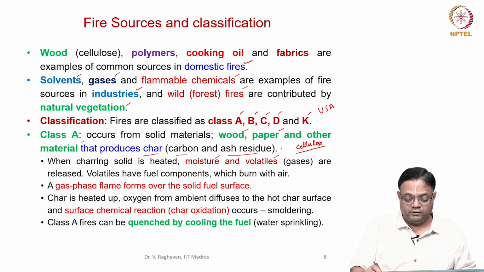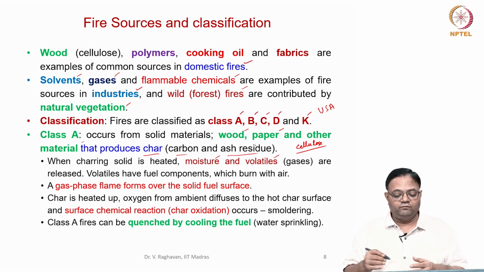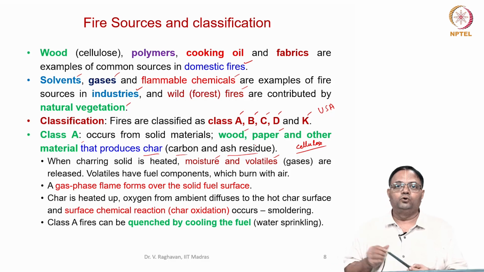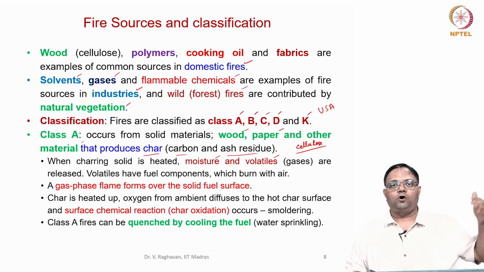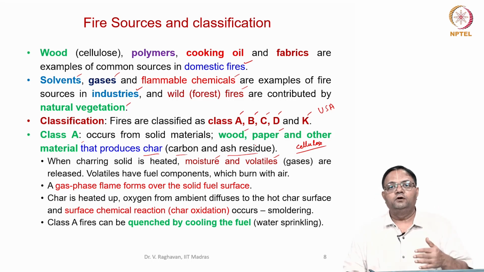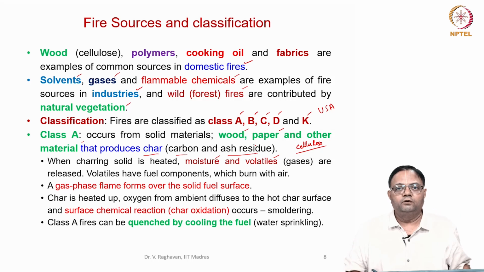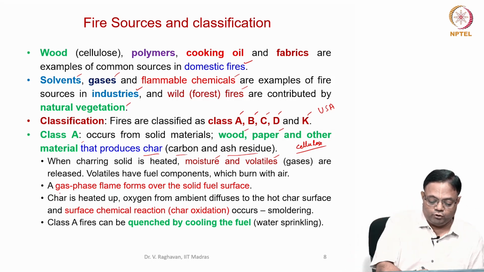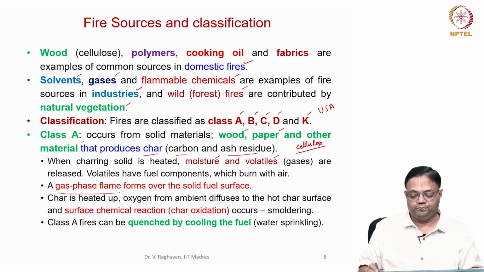This char, which is carbon plus ash residue, will have a reaction at its surface due to its temperature plus oxygen coming from the ambient. The volatiles going out will have some fuel gases. This will react with the oxygen from the atmosphere and constitute the gas phase flame.